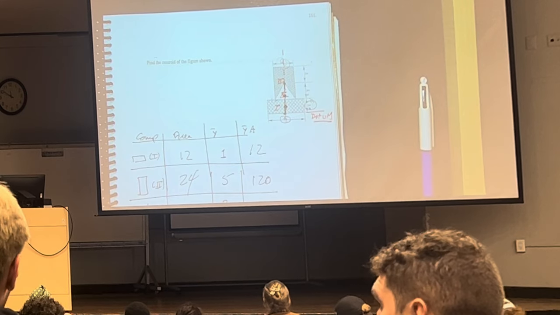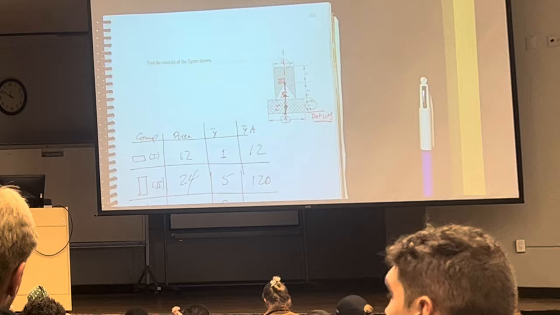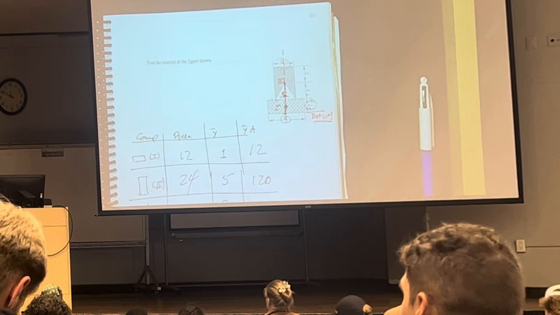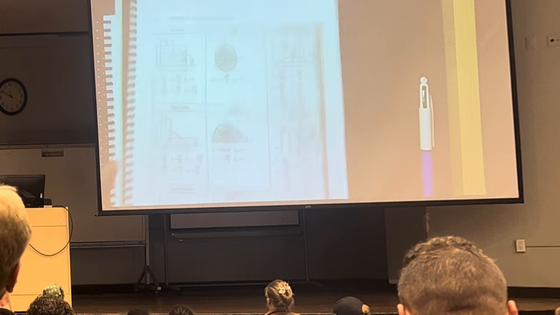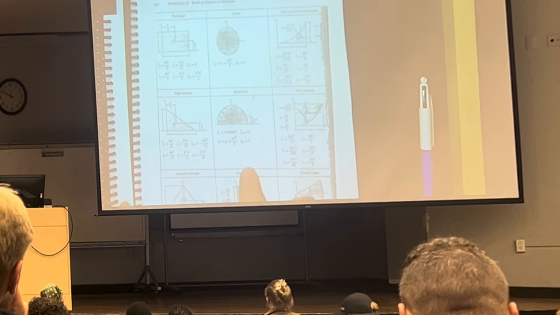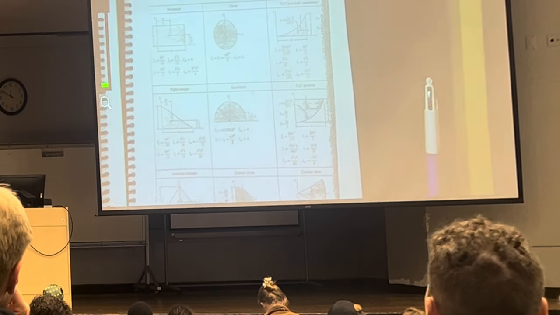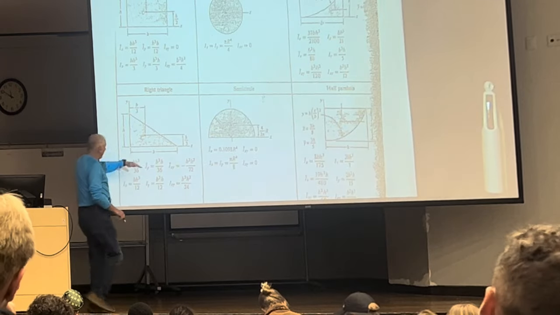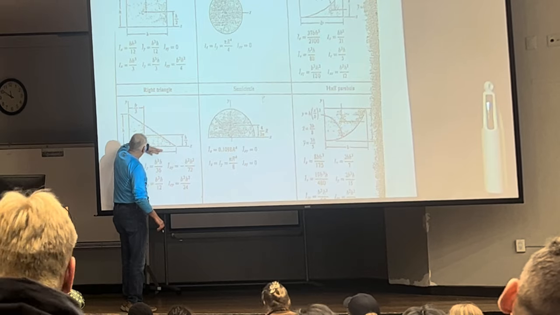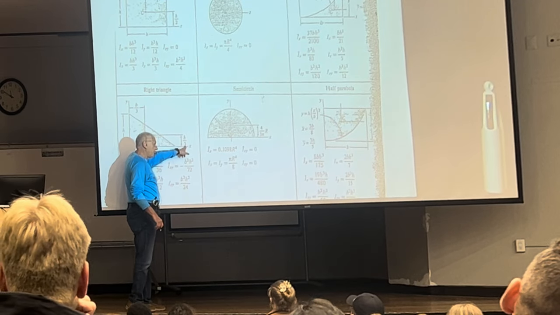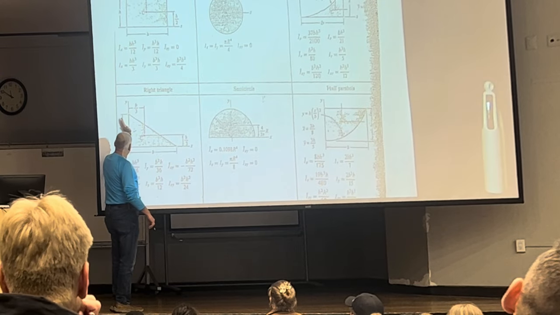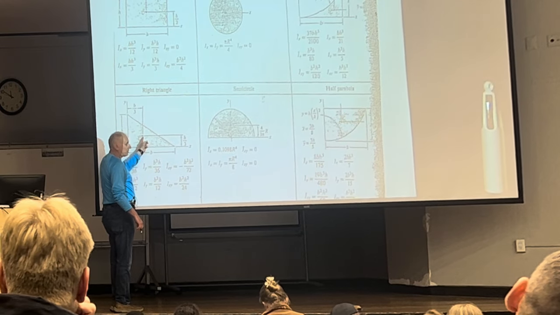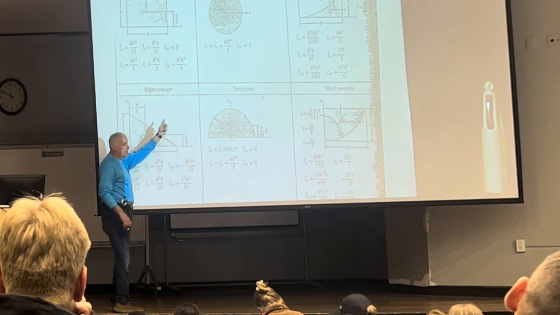This is why this table becomes important to you. Here's the triangle. Look at the triangle on this table. You will see for the triangle, from the horizontal up, h over 3. From the y-axis over to the c, which is the centroid, is b over 3.